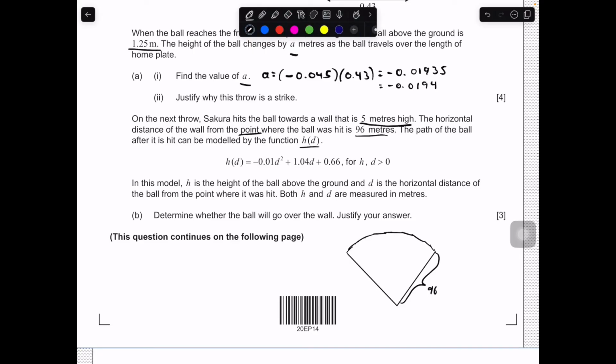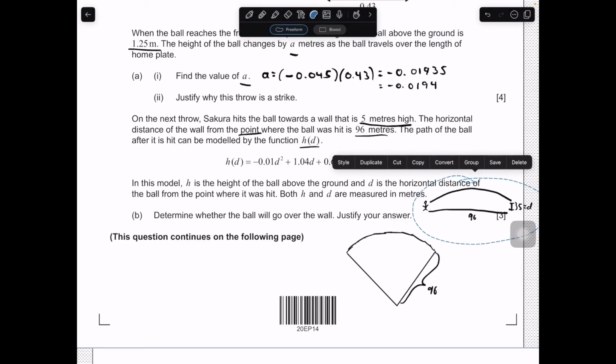From a side view, if there's someone hitting a ball right here, and they want to hit this ball over a 5-meter wall, we have our horizontal distance of 96, and the vertical height equal to 5. And we want to find out whether this ball will go over.